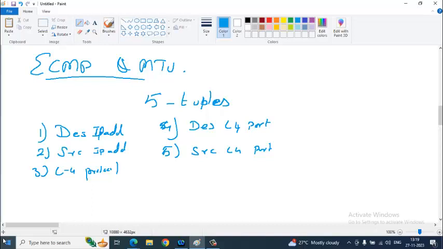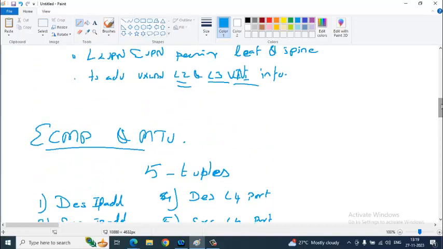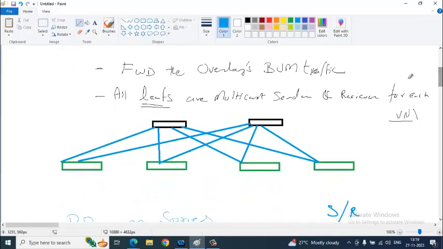No. If it is one session, meaning destination IP, source IP, layer 4 protocol, destination port number and source port are all the same, it will only use one path. Even though you have the other path, it won't use it.